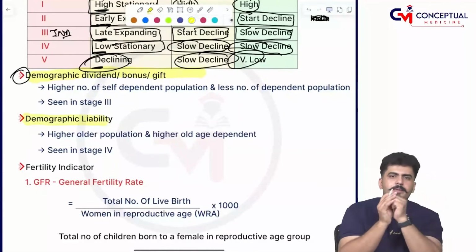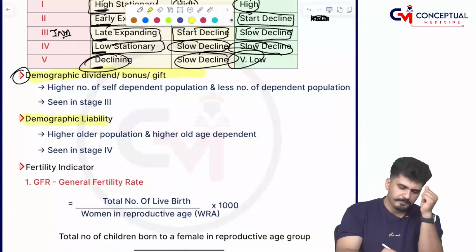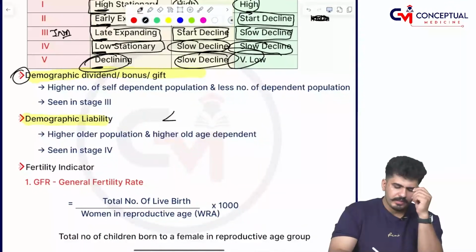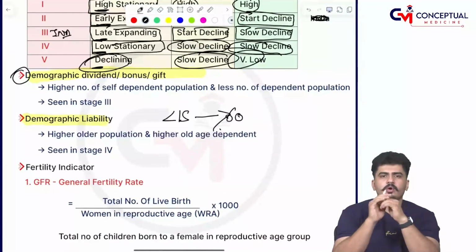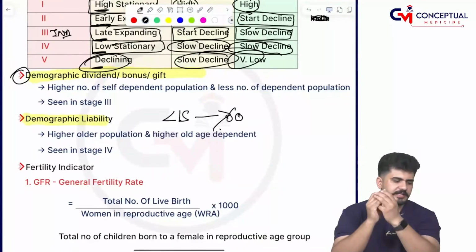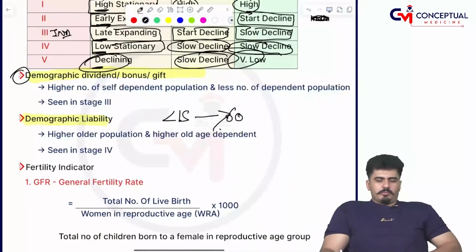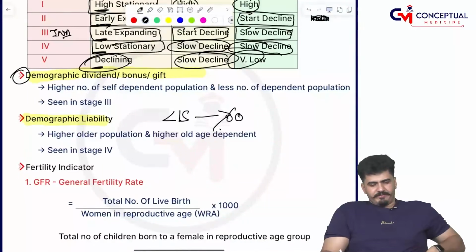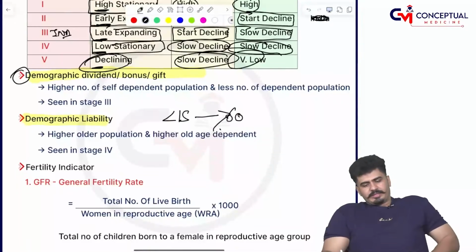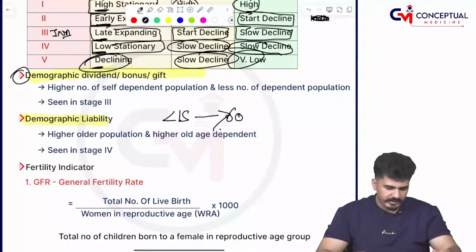Now demographic liability is when more people are dependent. Who are they? Less than 15 years and more than 60 years. Old age are more, 60 years is the retirement age. So these are the dependent people. If in a country these people are more, it is called demographic liability.